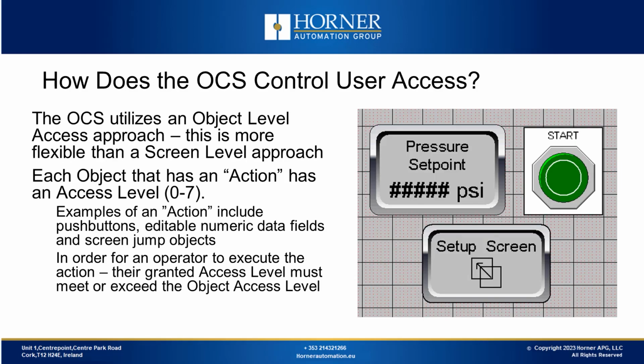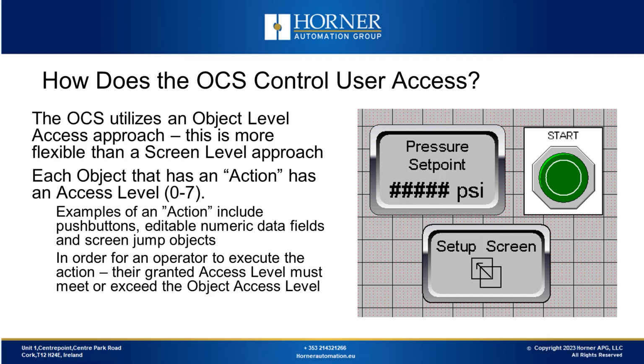Horner OCS controls user access on an object level, allowing each object with an action, such as buttons for adjusting set points, starting or stopping motors, or changing screens, to be set with a specific access level. This approach is chosen for efficiency, as it avoids creating multiple similar screens for different operators.